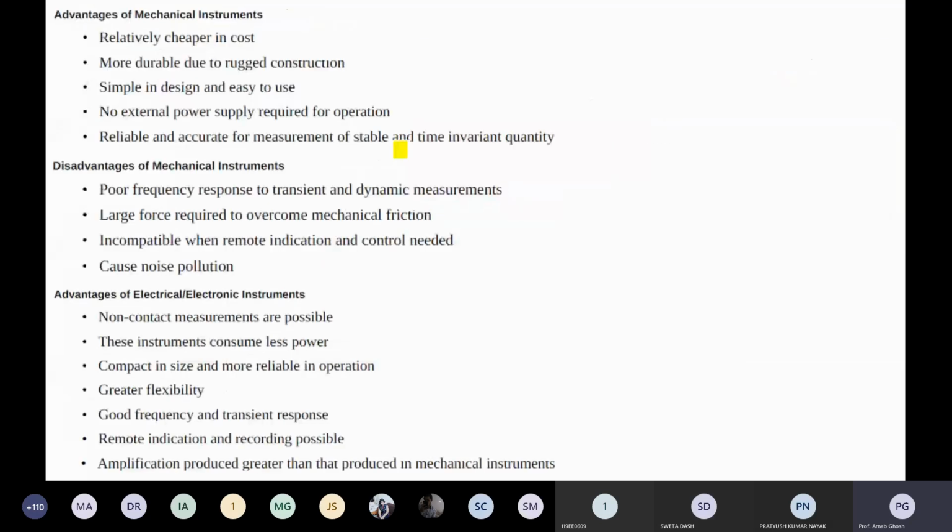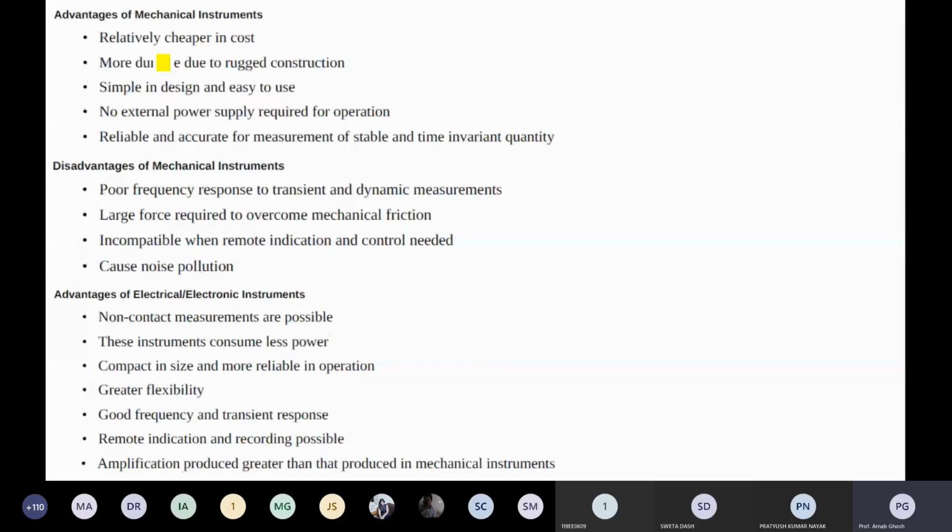So what are the advantages of the mechanical instrument that I told you? The basic advantage is that it is relatively cheaper in cost. Definitely it is cost efficient, because sophistication is quite lesser in this mechanical device, as well as accuracy, precision, and reliability.